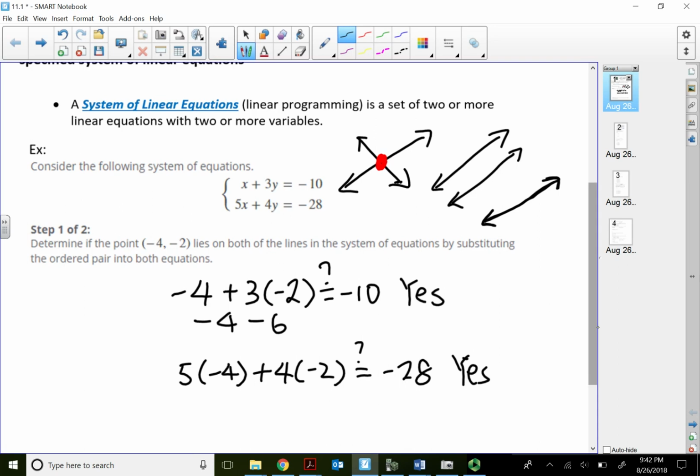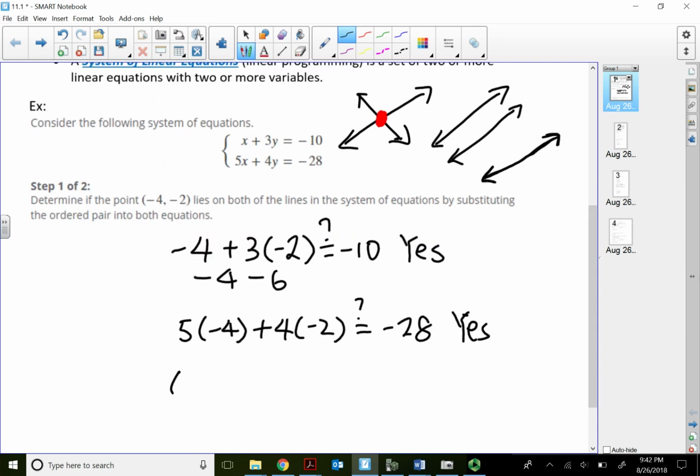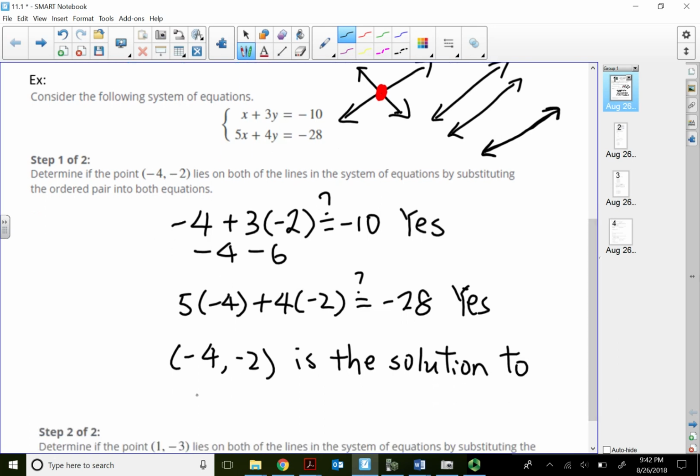So when you say yes twice, that means negative 4, negative 2 does lie on both lines, or is a solution of the system.